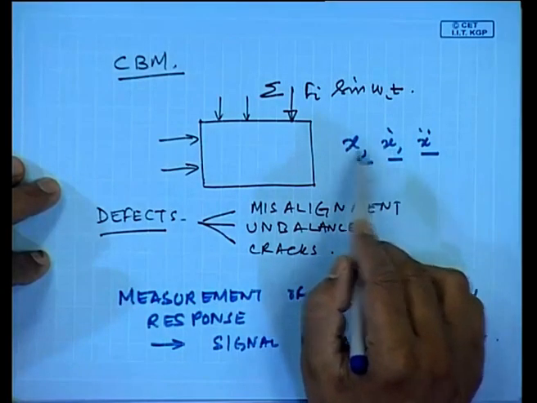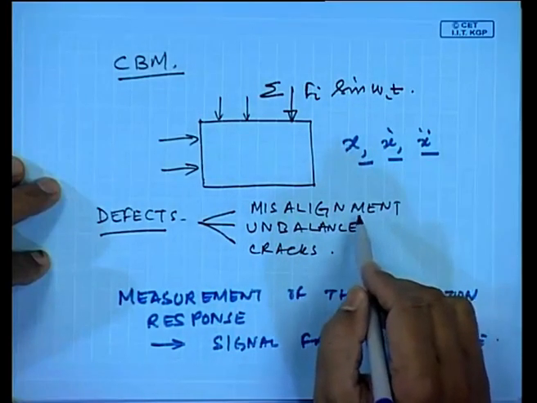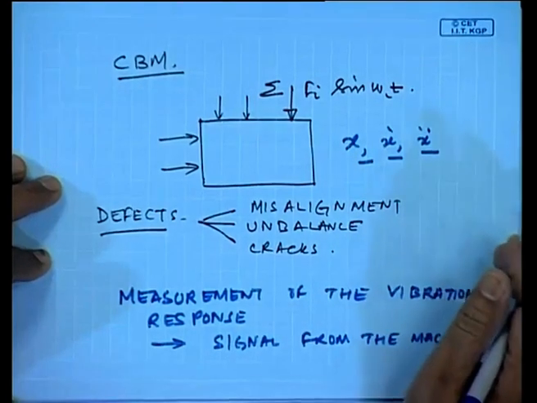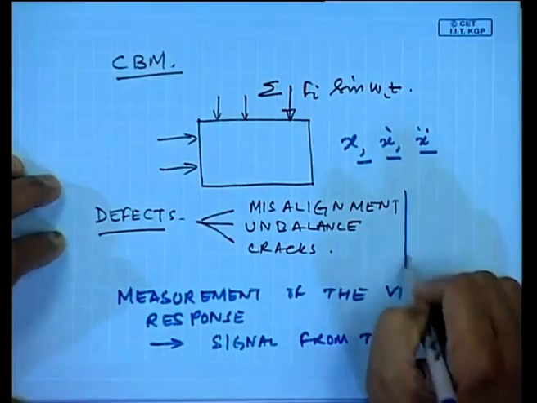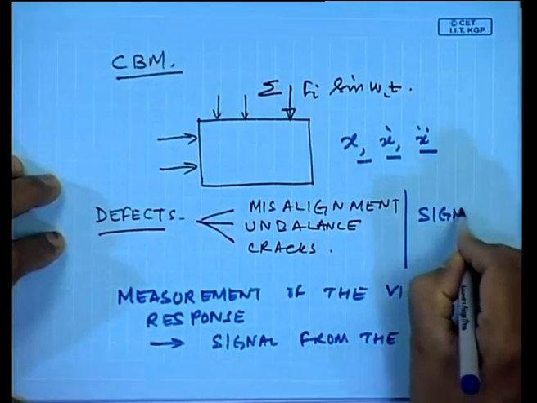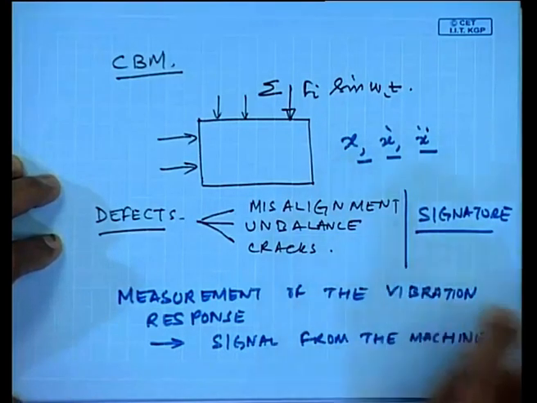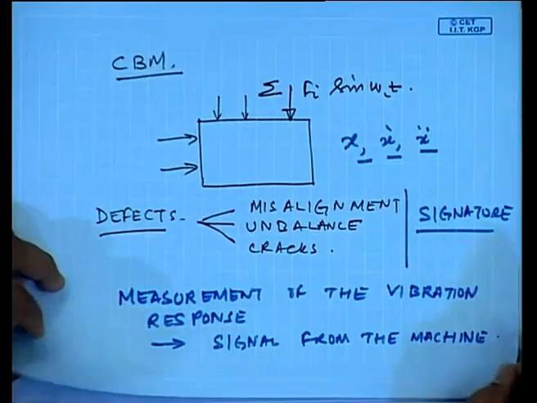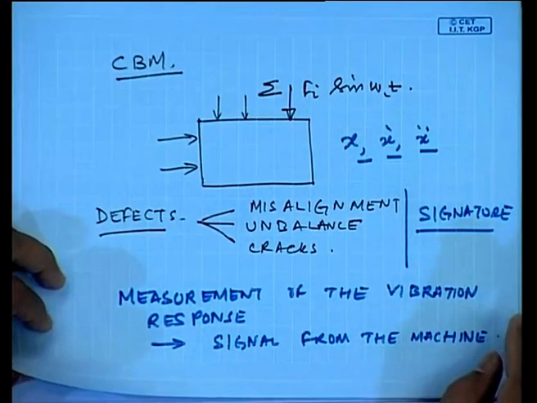We know that these responses are created by faults which are characteristic, like misalignment, unbalance, cracks and so on. So, once such a knowledge base or signature is known to us, we can then very well find out and diagnose the fault in a machinery. In that sense, the study of vibration is very important for us.